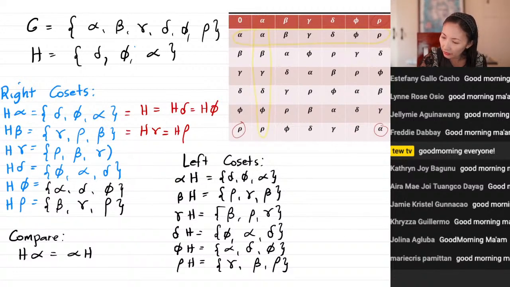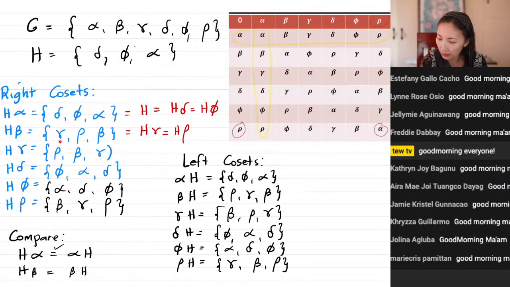Delta, phi, alpha; alpha, delta, phi. So, equal. Next, H beta is equal to beta H. Are they equal? Yes, the elements are exactly the same. Although the places may be different, we are talking about sets.